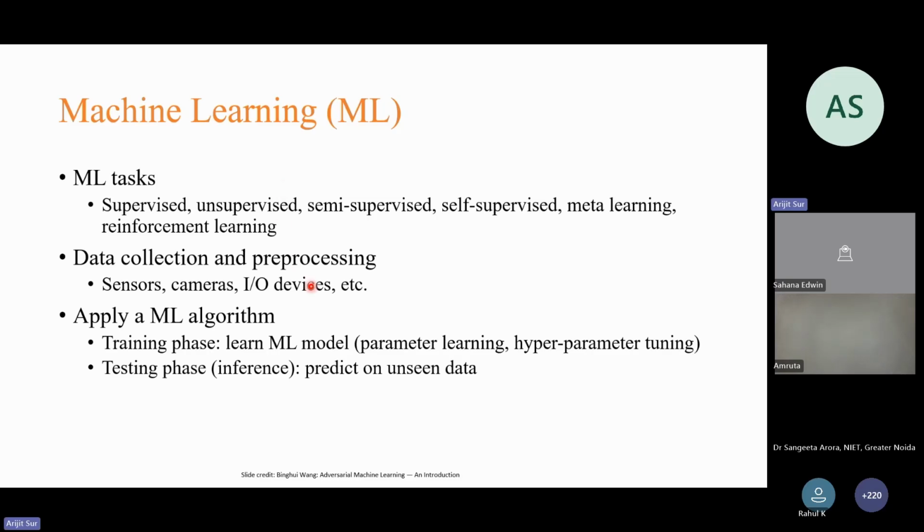Generally, in a machine learning driven inference system, an input is given to the machine learning model. Input means an image or video, and then we extract some features. In conventional machine learning, this is feature engineering or feature extraction.